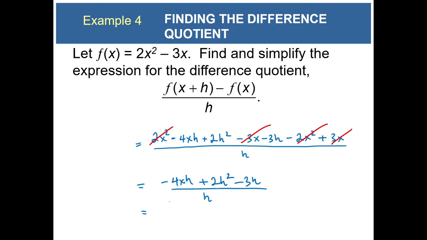Notice that each of the terms in the numerator contains a factor of h, so we'll factor out h to the front. h times the quantity, 4x plus 2h minus 3, over h. The h's divide out, and our final answer is equal to 4x plus 2h minus 3.